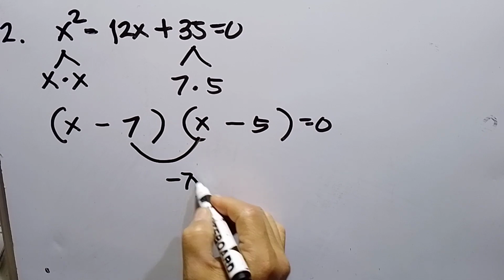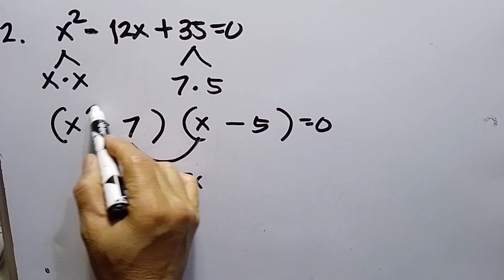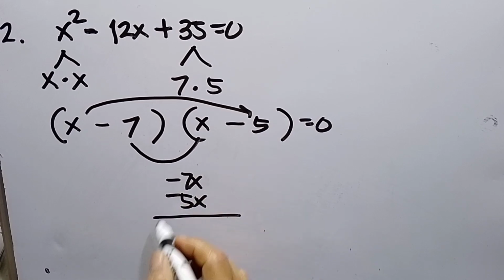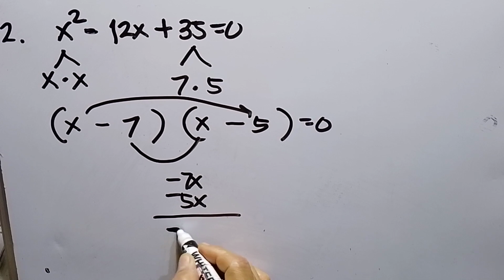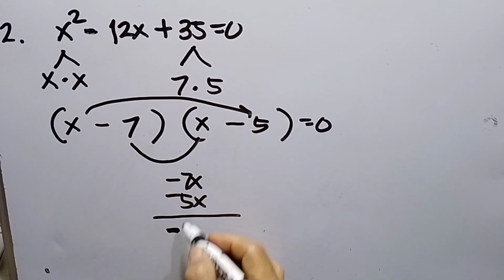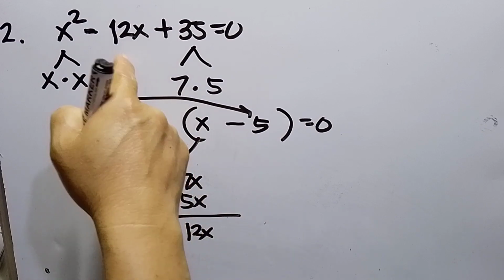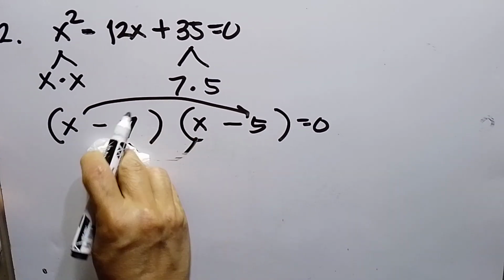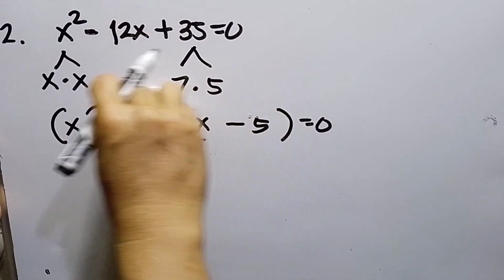Multiply negative 7x. Then this one, minus 5x. Since these are negative, factor the common sign, which is negative, and then add the integer, this is 12x. So we come up with the middle term. So therefore, the factors are correct.